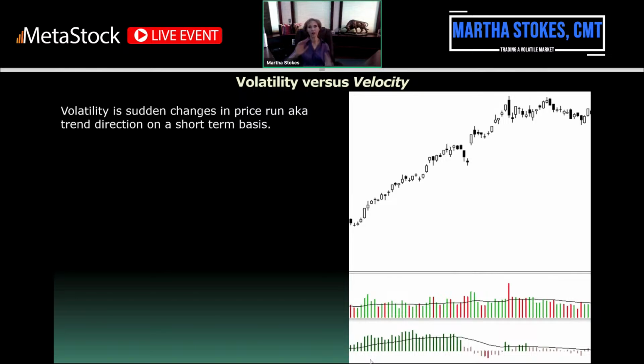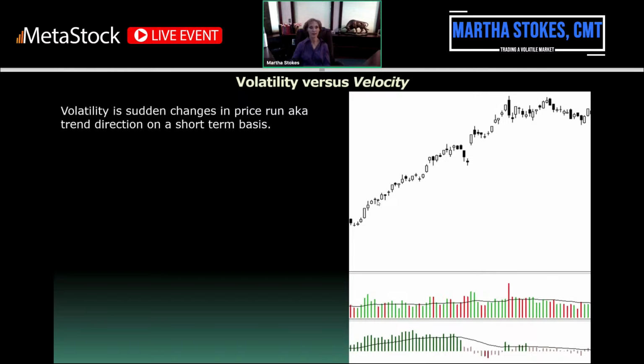So let's talk about volatility versus velocity. Volatility is sudden changes in price run, also known as trend direction, on a short-term basis. So volatility is a sudden move down, but typically you would be able to recognize with certain indicators that you would say, uh-oh, they're going to start taking profits. And HFTs gapped this down and ran this down. Understanding how the HFTs function is critical to today's market. HFTs didn't exist in the 90s.